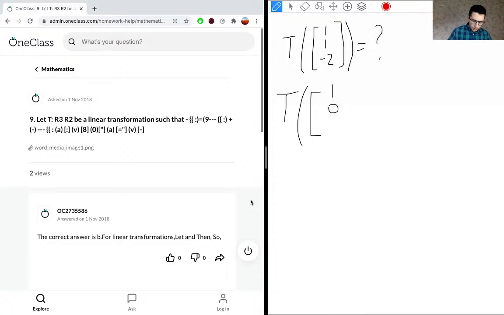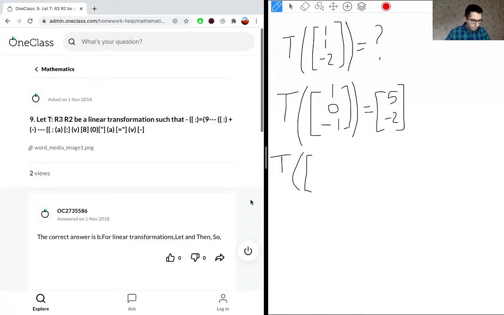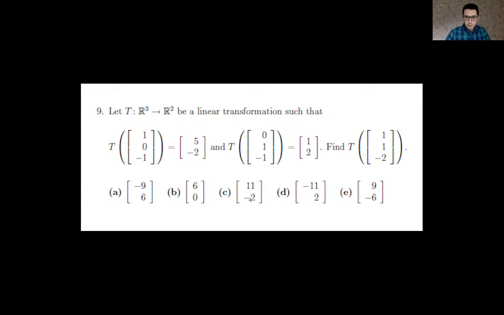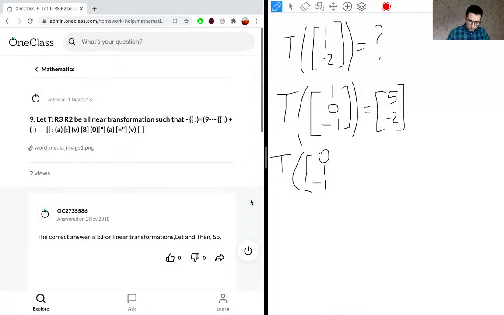T of (1, 0, -1) equals (5, -2). And we're also given T of (0, 1, -1). Let me just double check that. Yep, T of (0, -1, -1) equals (1, 2).